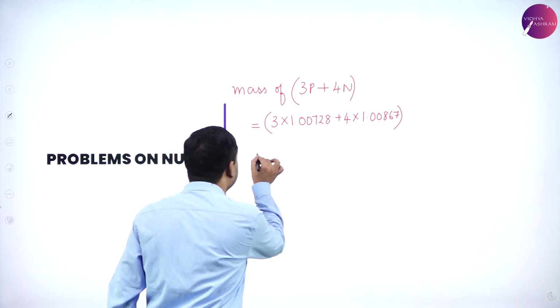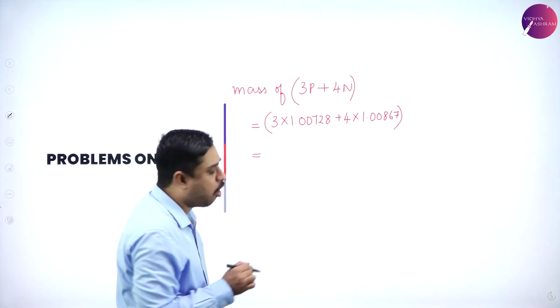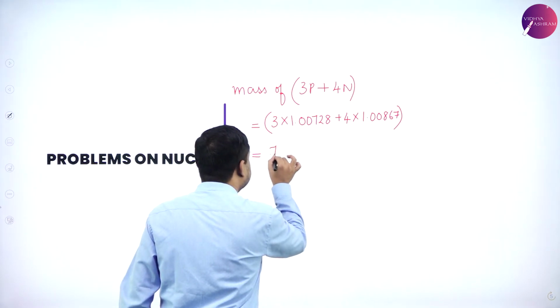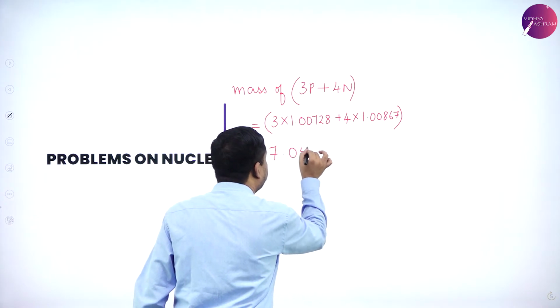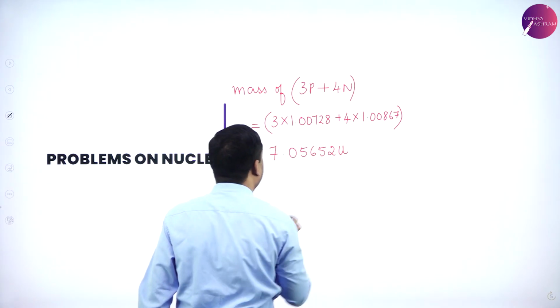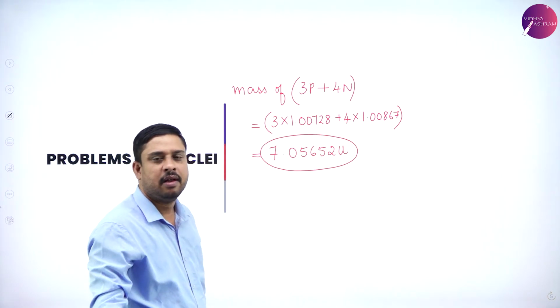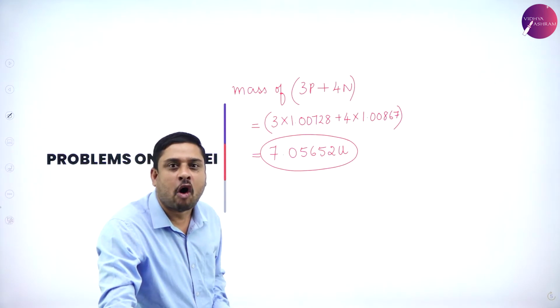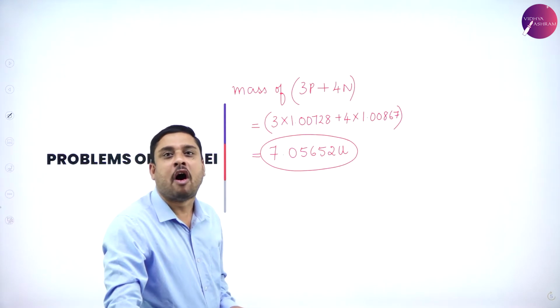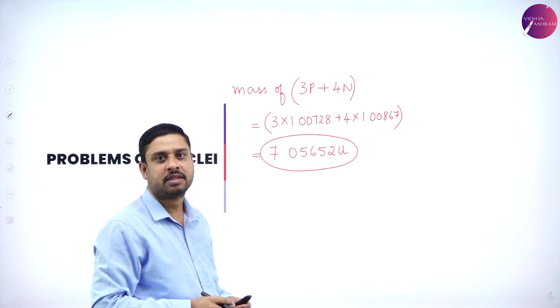So this turns out to be 7.05652 atomic mass unit. So this is the mass of the constituent nucleons.